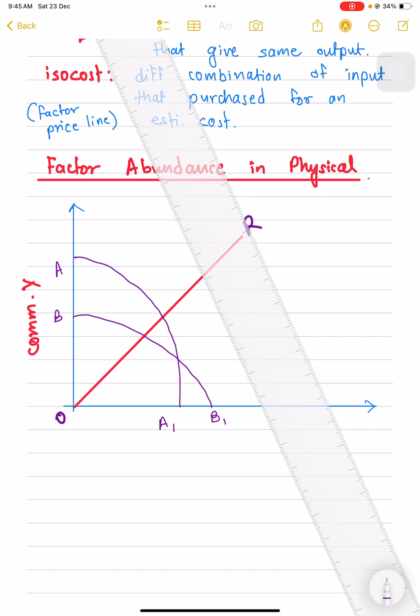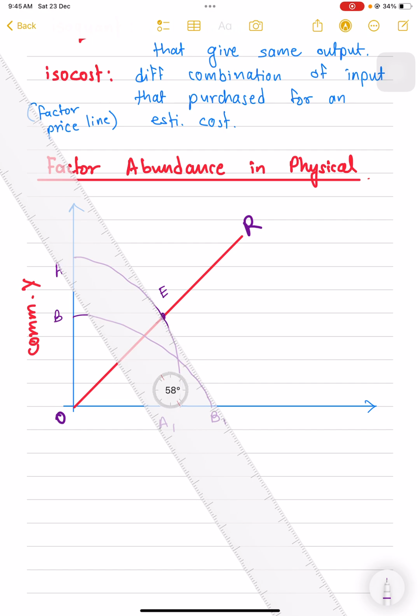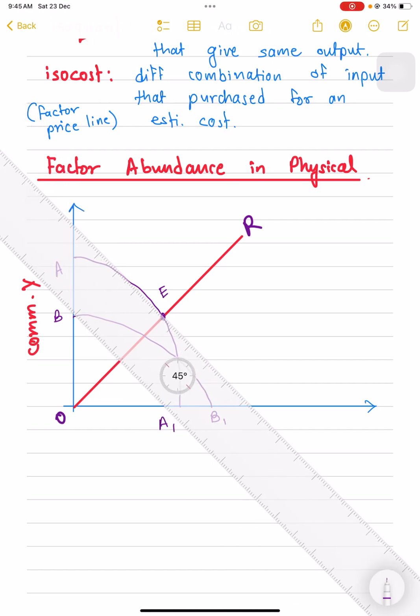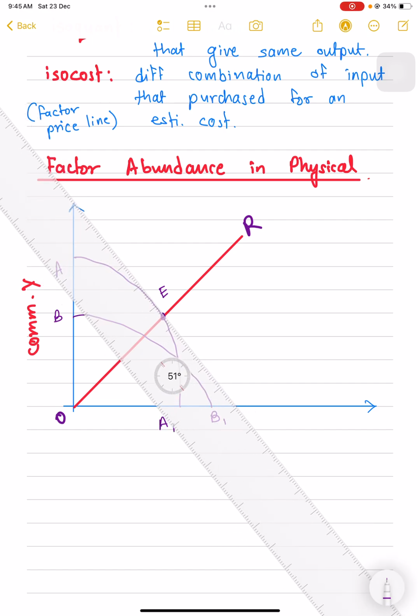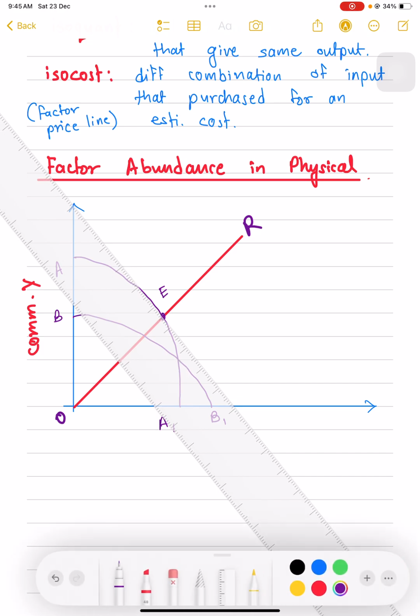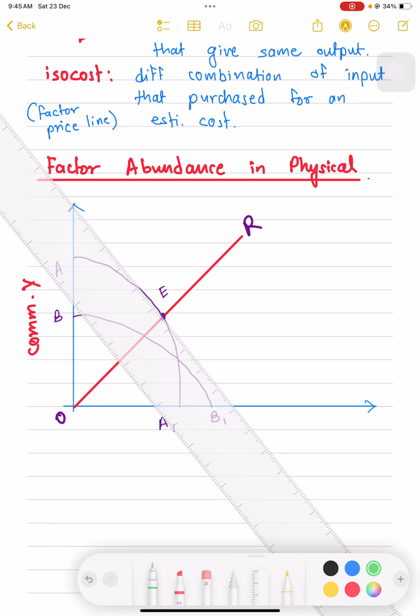When both produce at their respective points, country A will produce at point E, where factor price line ST touches the production possibility curve AA dash. This is for country A. We will use a green line for this.